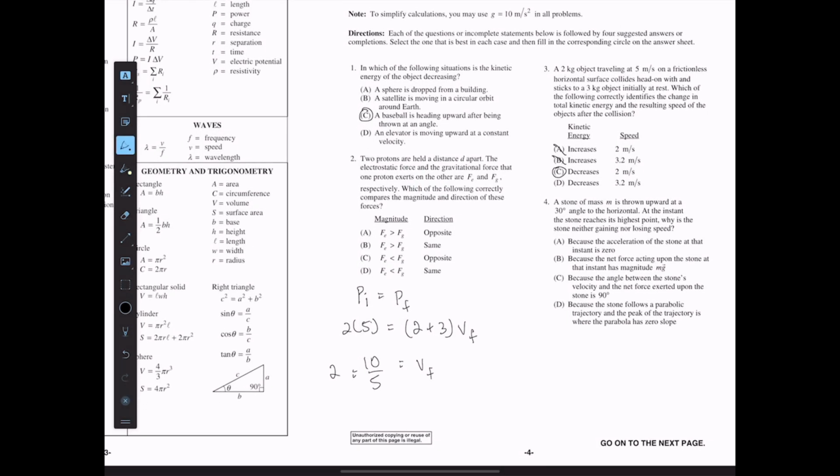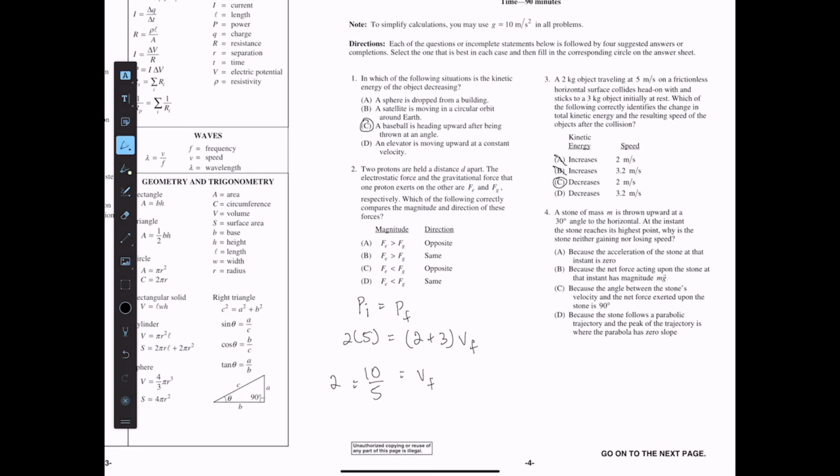Whoops. A stone of mass m is thrown upward at a 30-degree angle. At the instant the stone reaches its highest point, why is the stone neither gaining nor losing speed? The acceleration at that instant is 0. That's not true, because the acceleration is negative 9.8.